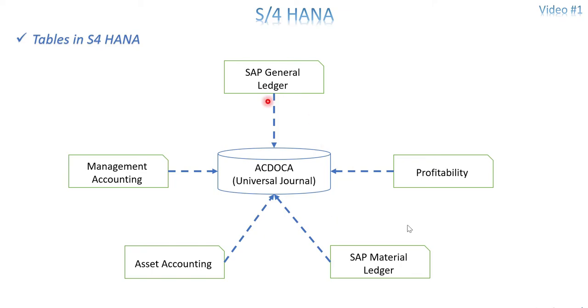It contains the SAP general ledger information, profitability, asset information, SAP material ledger, as well as management accounting. Every business scenario had its own 5, 7 or 10 tables, and everything is now combined into one table. They call it the universal journal, ACDOCA, one of the famous tables in S4HANA.